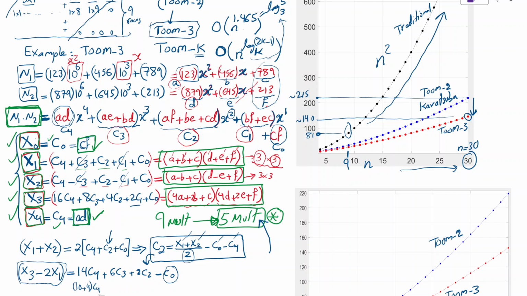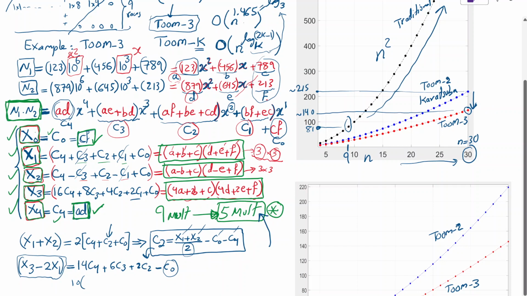So effectively this is 10 times C4 plus C3 plus 4 times C4 minus C3, and then 2 times C2 minus C0.